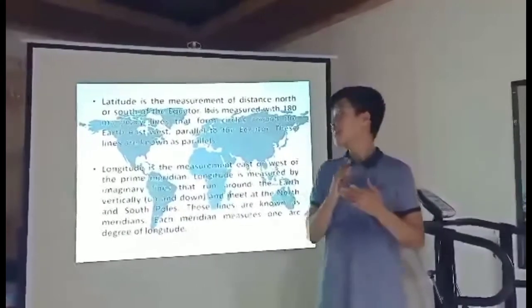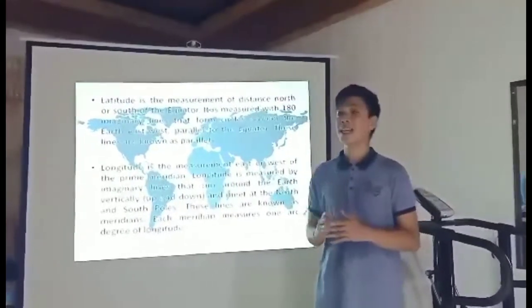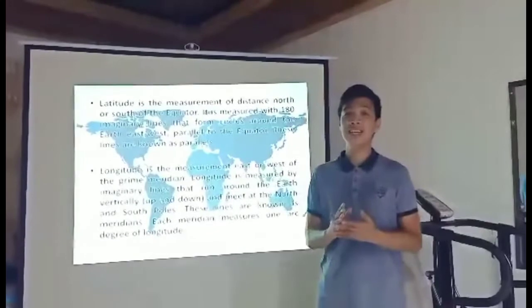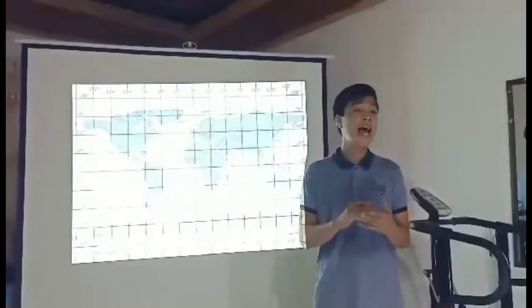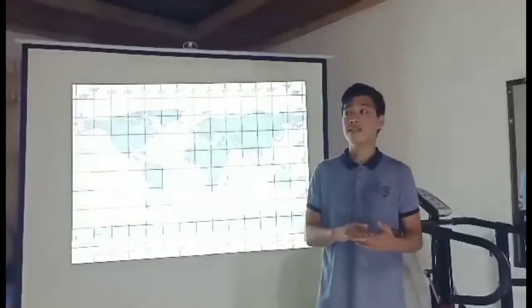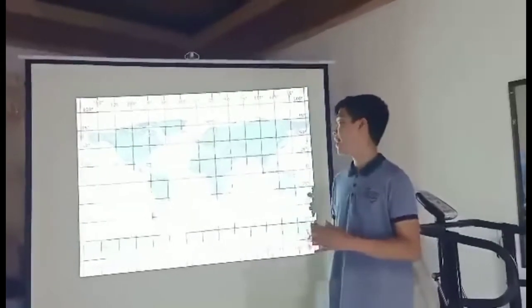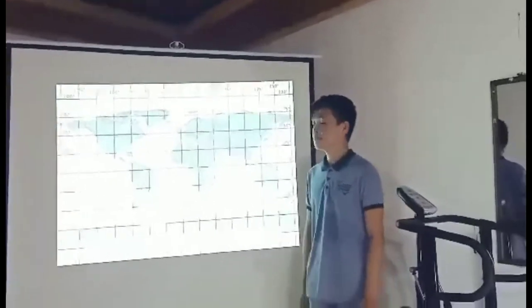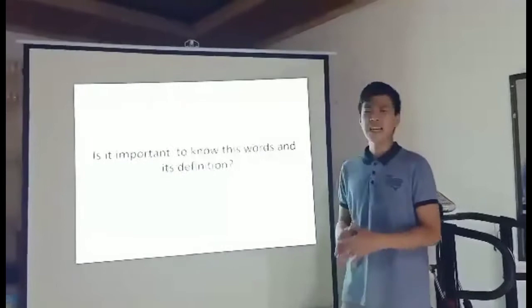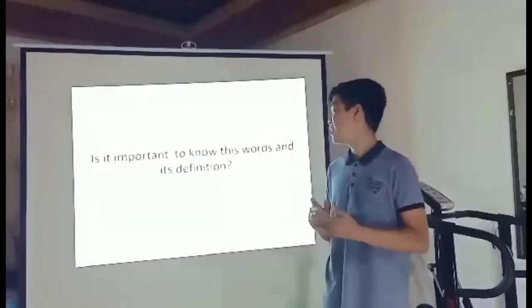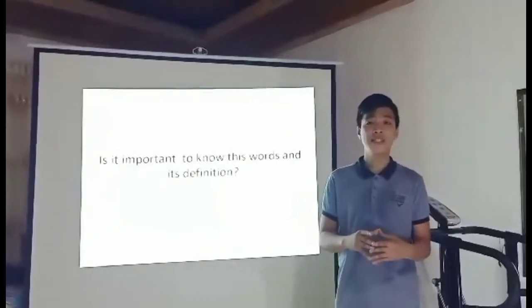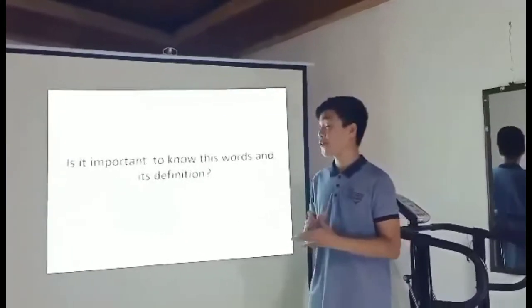And the longitude is simply defined as the imaginary vertical line that connects between the east and west. Now, next slide. Is it important to know the definition of those words? Of course, indeed.